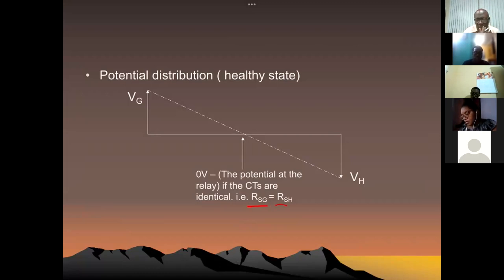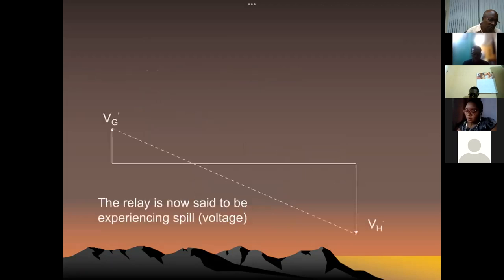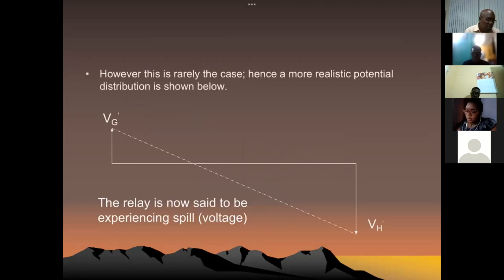All right? However, from a practical standpoint, we will not have identical CTs. Yeah? And so as a result of the difference in the CTs, you will then have spill voltage.